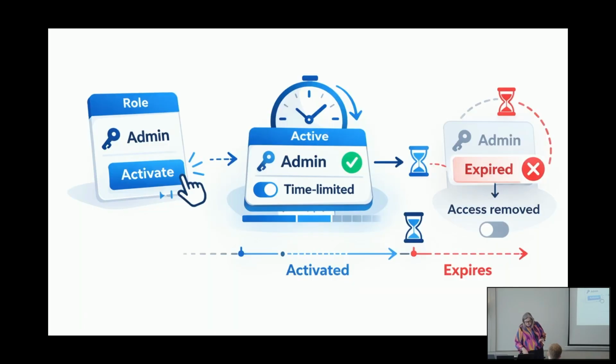But with PIM, you are giving the user the possibility to be owner, eligible to be owner. So they get a role, but it's just eligible. So it's not applied, as I accidentally did here. I didn't get the role for full. And then when I need a role as a user, I'm going to activate it.